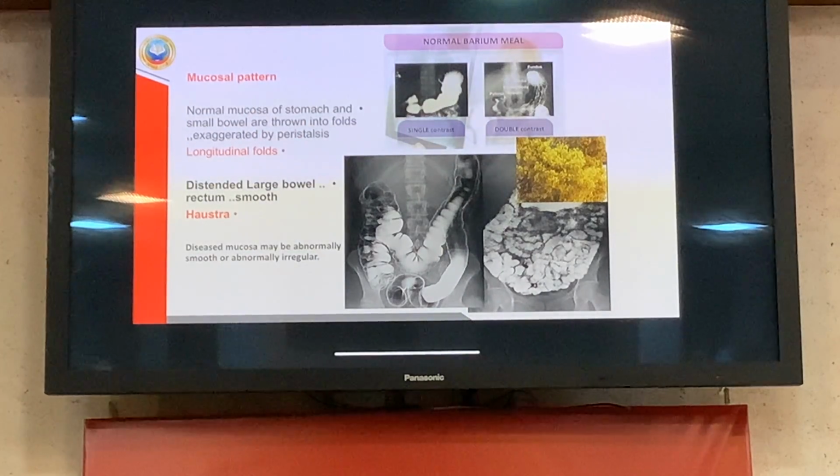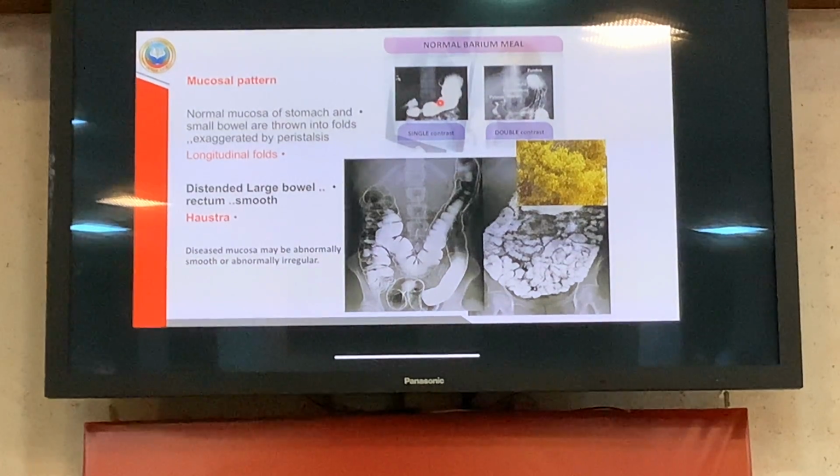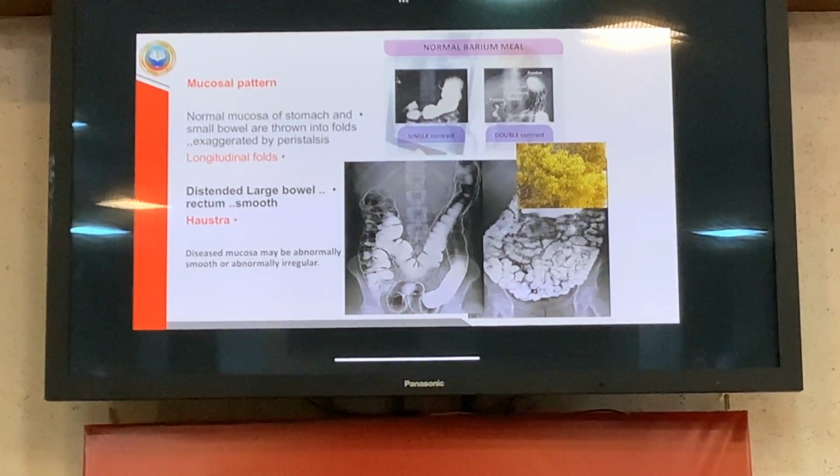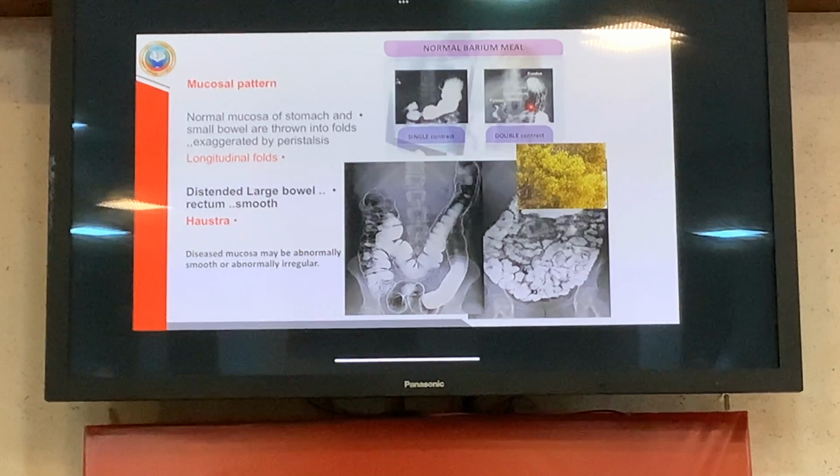The mucosal pattern. If we look at the upper images, the normal mucosa of the stomach and the small bowel is thrown into folds that are exaggerated by peristalsis. If you look, is this single or double contrast? Single. What about this? Double. The mucosa is visualized by which one? By the double.